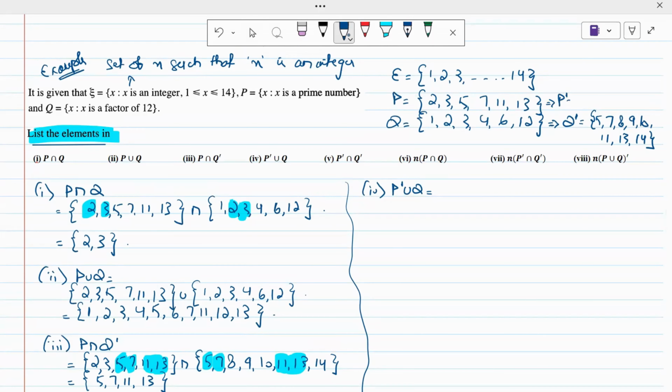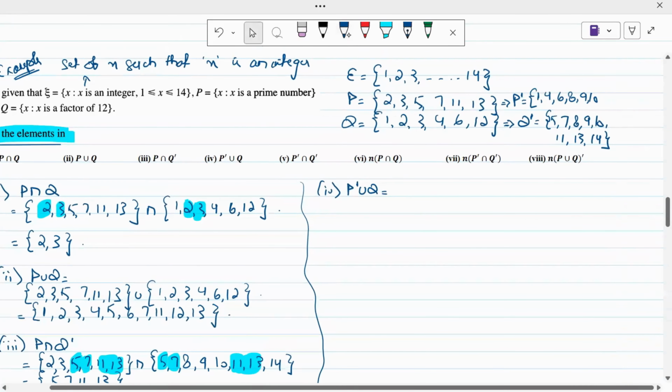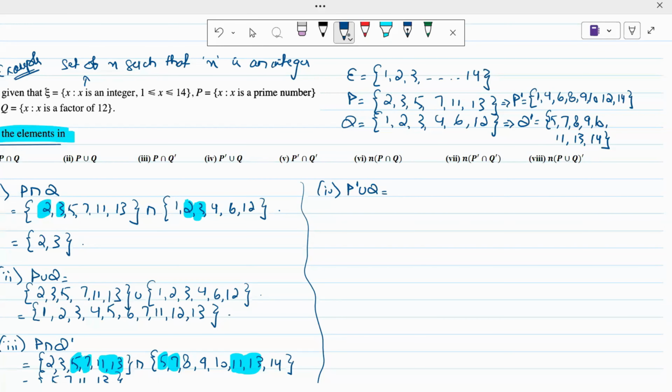P complement would be the set excluding P. So excluding P, we're going to have 1, 4, 6, 8, 9, 10, 11 is there, 12, and 14. So this is all P complement. The P complement, if you may write, 1, 4, 6, 8, 9, 10, 12, and 14.